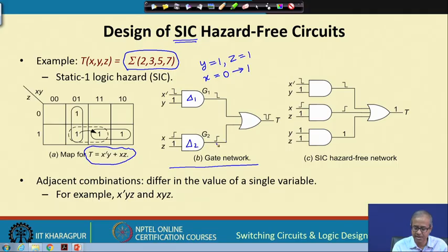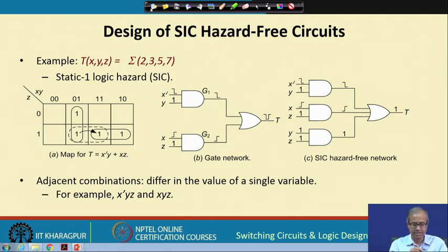So, there will be a small time where G 2 will be 0 before it becomes 1. So, there will be a small period when both G 1 and G 2 will be 0 and 0. That will result in this static hazard as I have shown here. This will happen if the delay of G 2 is greater than the delay of G 1. I suggest you draw the timing diagram and verify that a glitch like this actually happens.